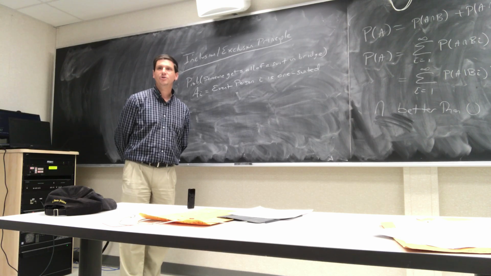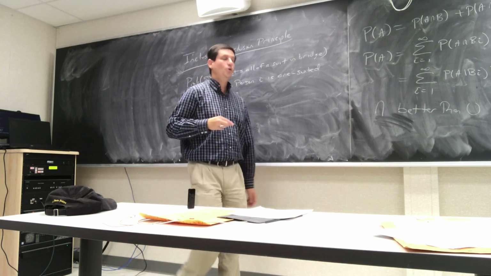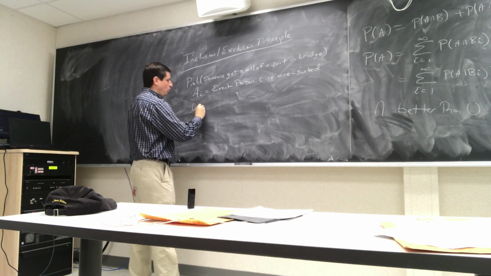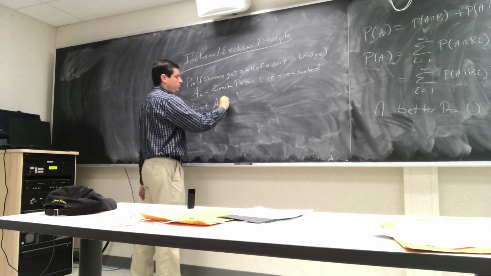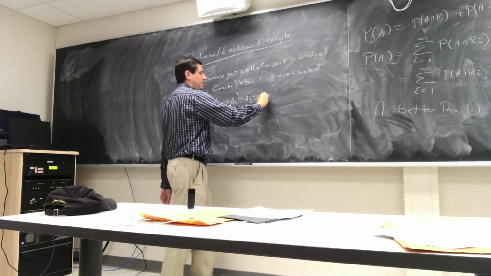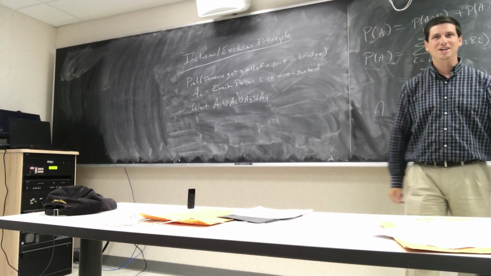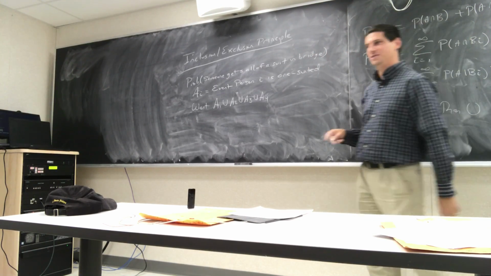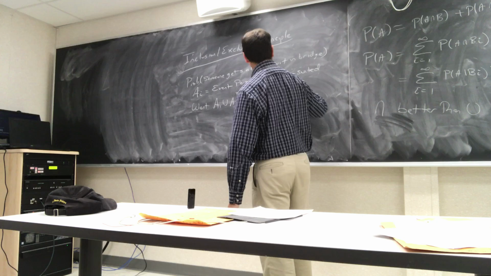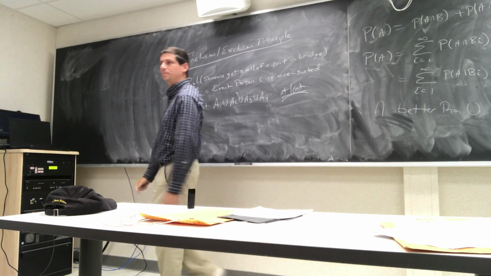What event do we want to calculate? Yes? The union. We want to calculate the union. We want A1 union A2 union A3 union A4. Does this mean everybody is one-suited? No. This means at least one person. These are hard things to do.